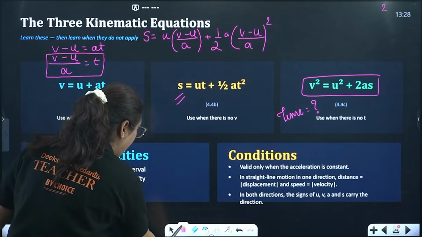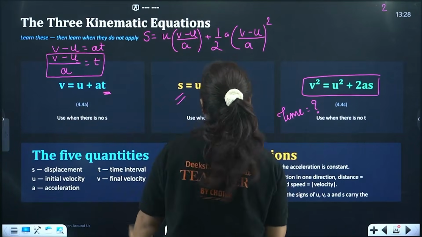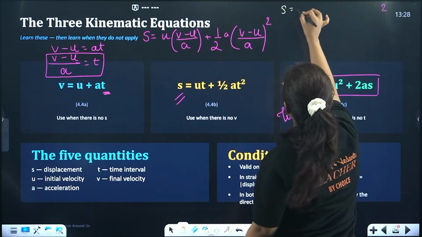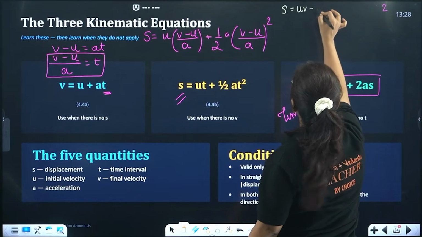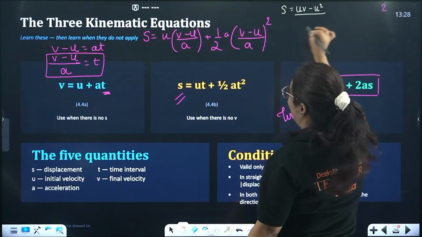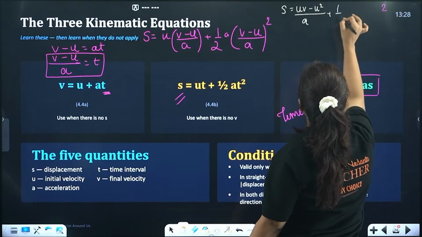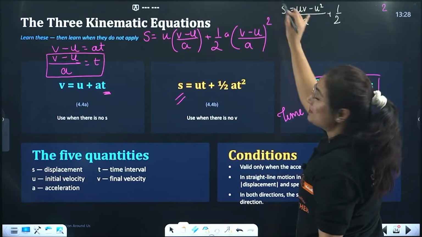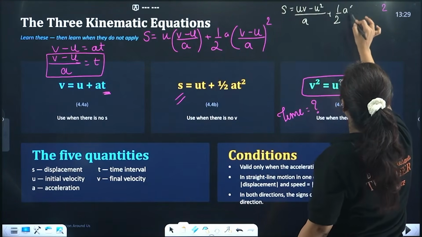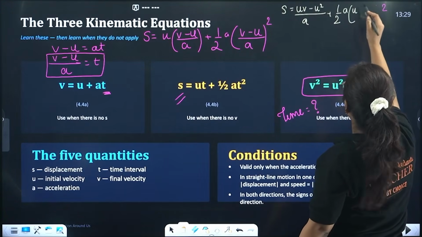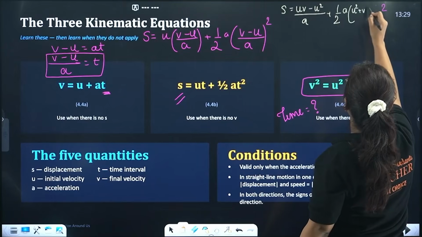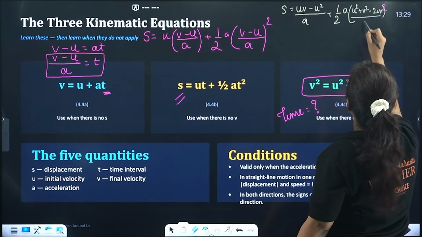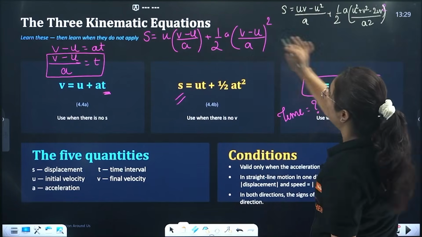Now, how do we have to derive it? Pay attention, beta. S will become U into (V minus U) upon A, plus half. Now (A minus B) whole square will become what, beta? U square plus V square minus 2UV, upon A square, because this is a whole square.